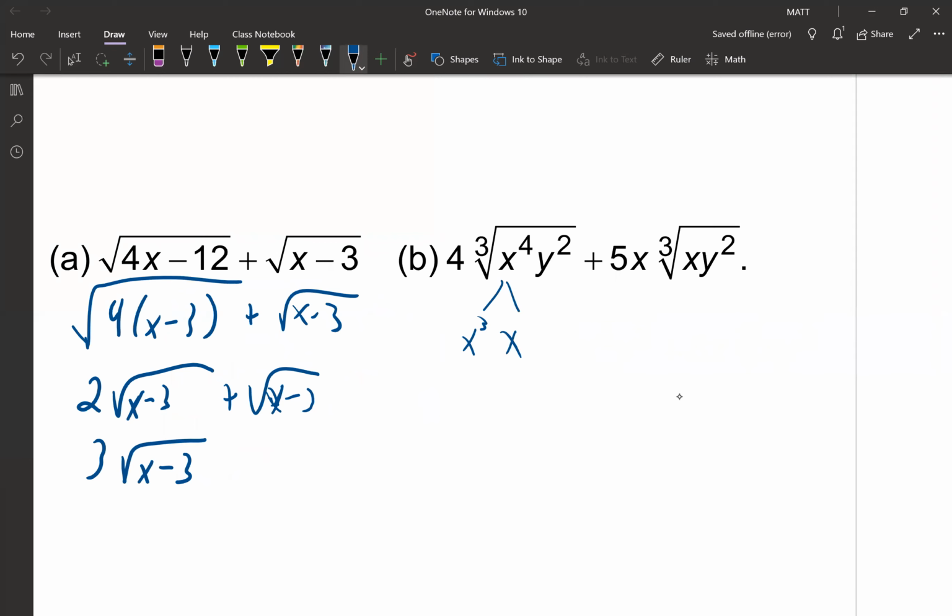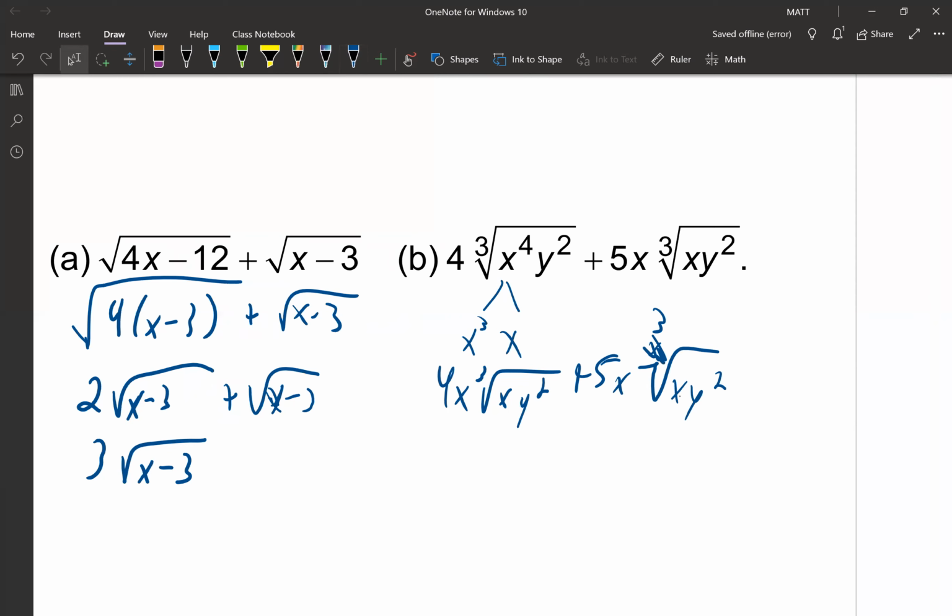And then notice that we have this x to the 3rd cube. So we can take that out, right? So x to the 3rd cube rooted is just x. So we get 4x. And then in the cube root, we still have x y squared. And we're adding to that 5x cube root of xy squared.